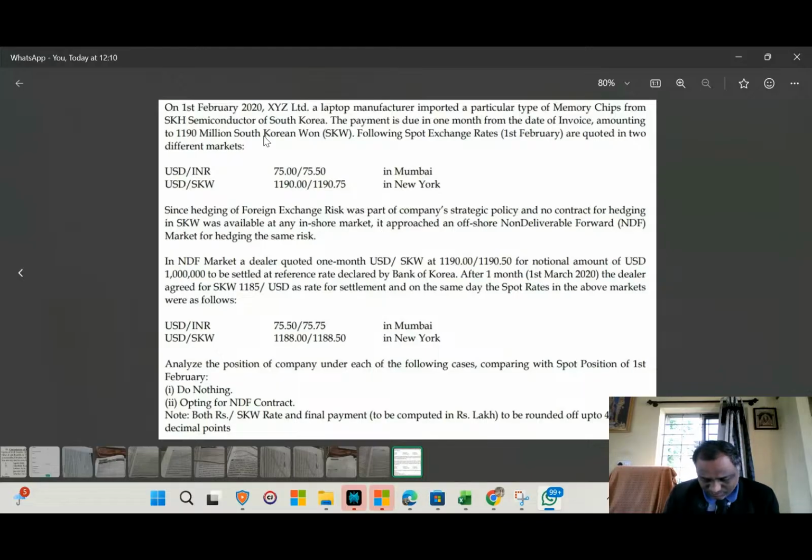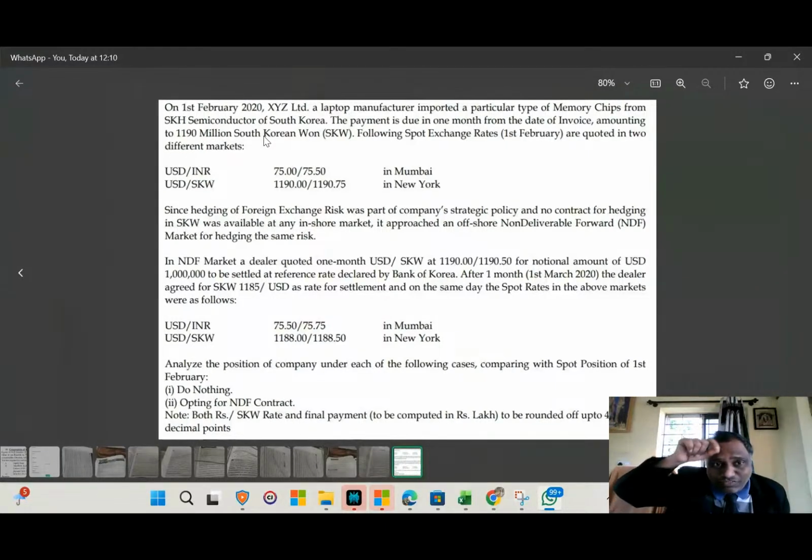Divided by 1,190.75, it is 9.9 lakh dollars. If I pay 9.9 lakh dollars, then 11,900 lakhs South Korean won will come.